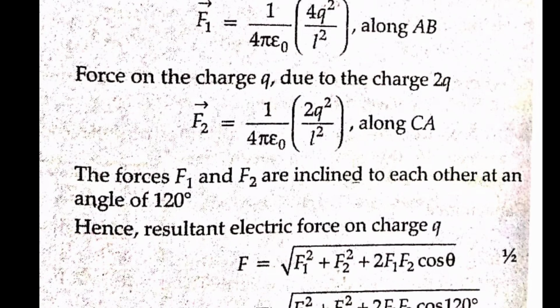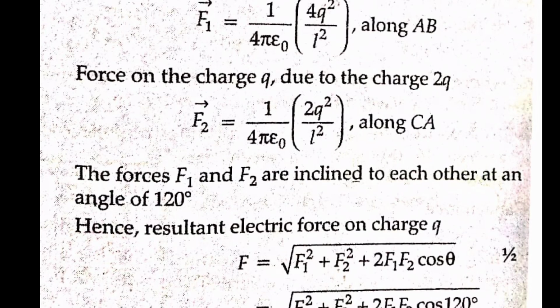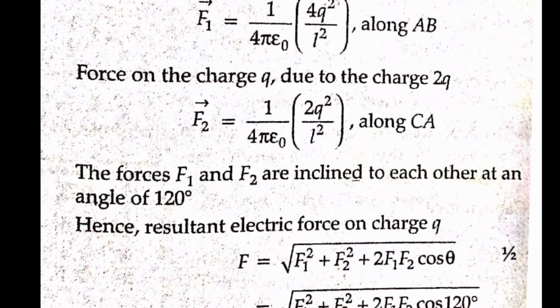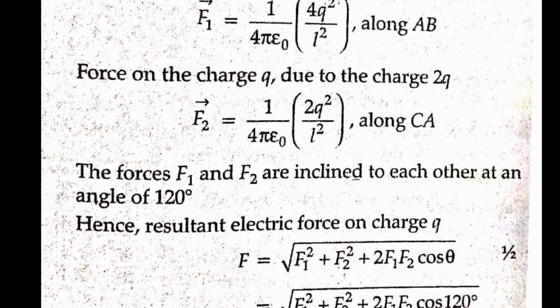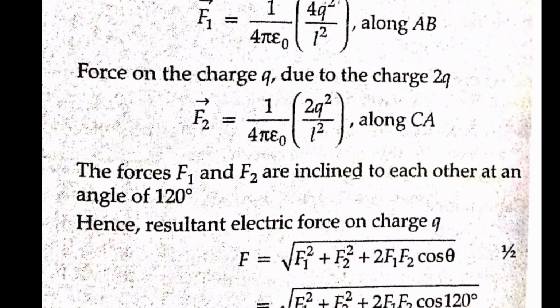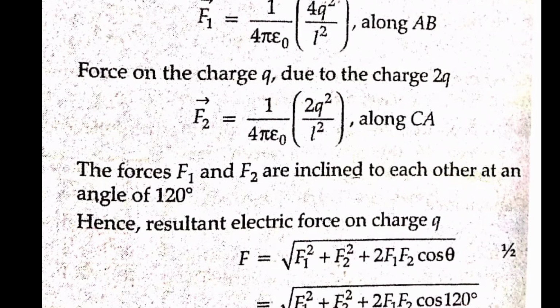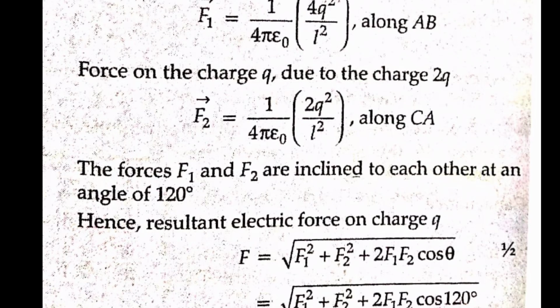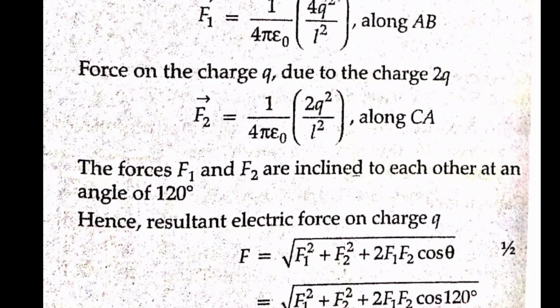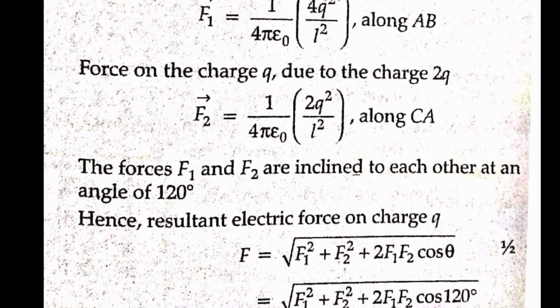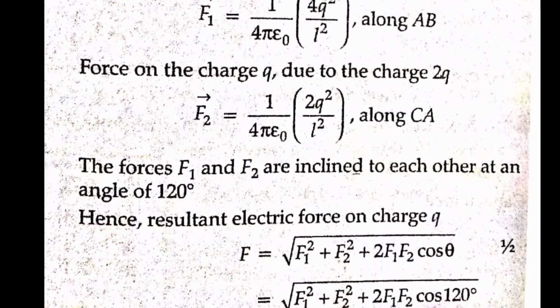So here F is equal to root of F1 square plus F2 square plus 2 F1 F2 cos theta, and the angle theta is 120 degrees, so F is equal to root of F1 square plus F2 square plus 2 F1 F2 cos 120.